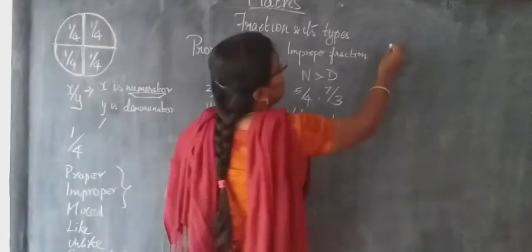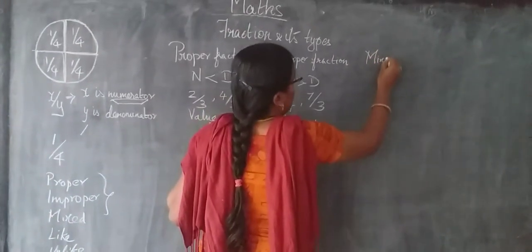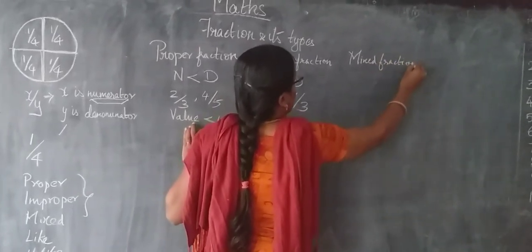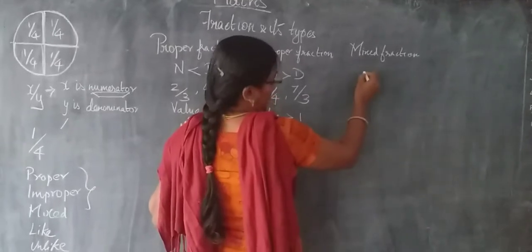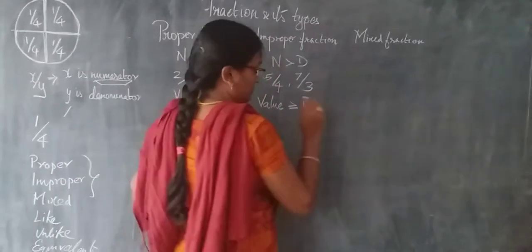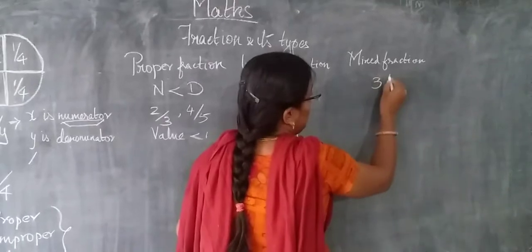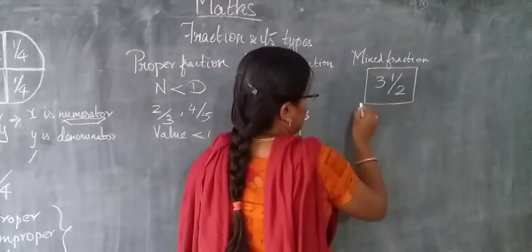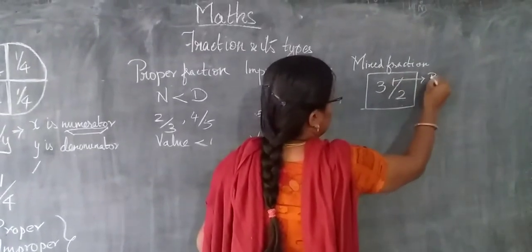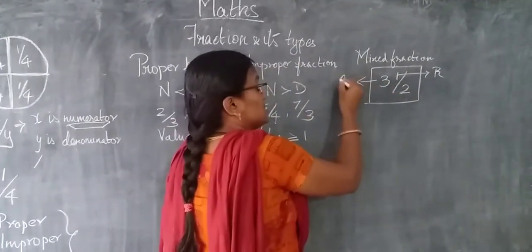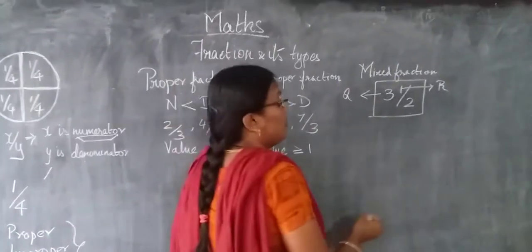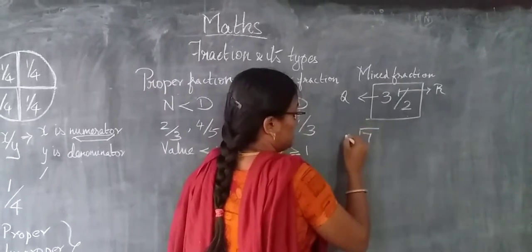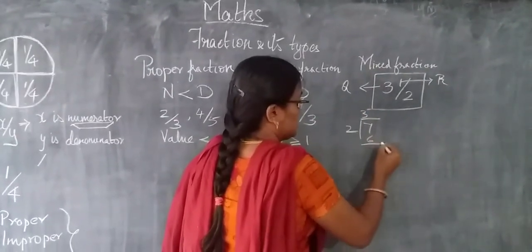Next is the mixed fraction. A mixed fraction consists of a natural number and a fraction. We can write it as 3, 1 bar 2. This is the mixed fraction. In this, 1 indicates the remainder and 3 indicates the quotient. For example, suppose you are dividing 7 by 2: 2 3s are 6, remainder 1.